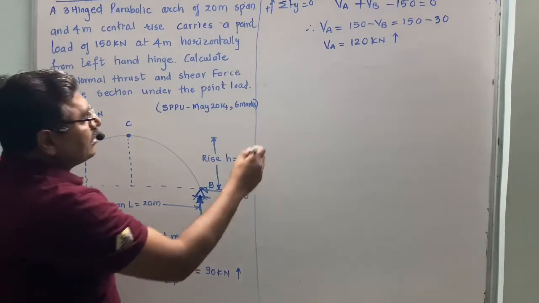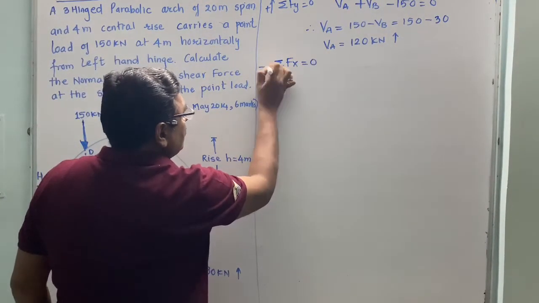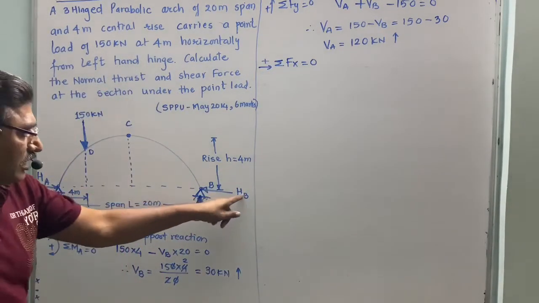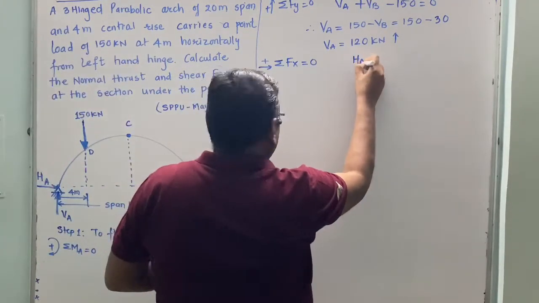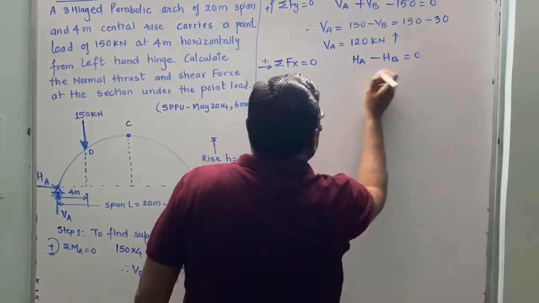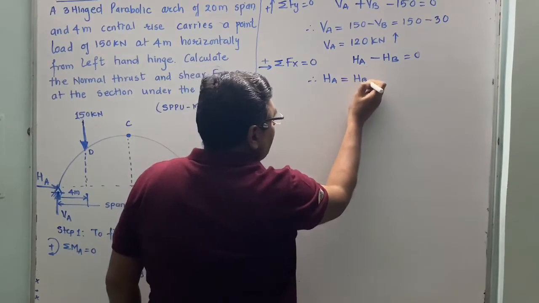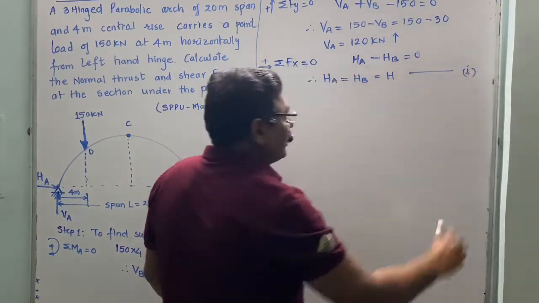Now we'll apply the third condition of equilibrium, summation of Fx is equal to 0. And here this is rightward HA and this is leftward HB. So rightward is positive HA and leftward minus HB is equal to 0, and hence we get HA is equal to HB, and let us consider it as H. This is our equation 1.